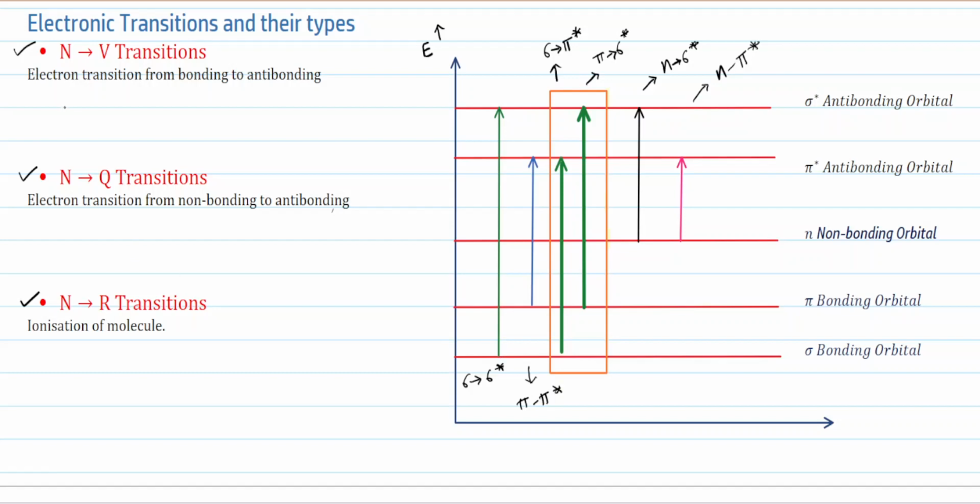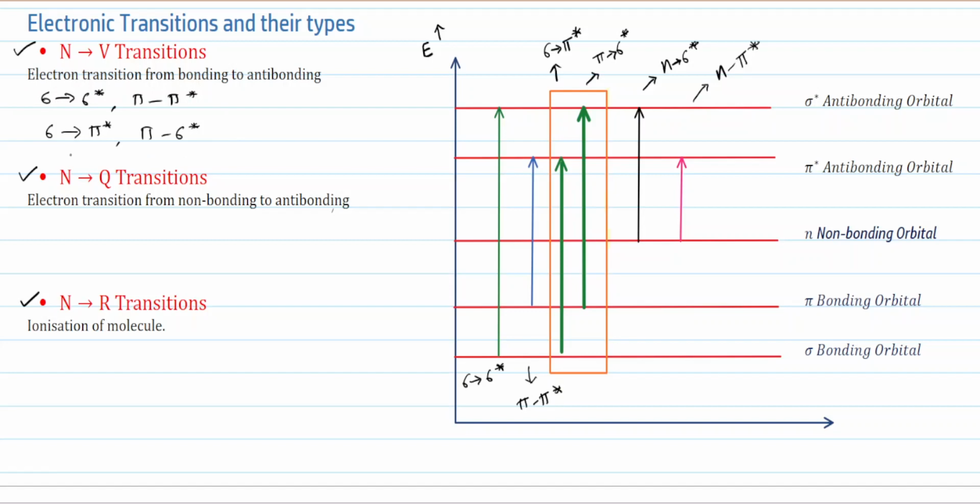Therefore, we have N to V transitions such as sigma to sigma star and pi to pi star. In addition to this, we have sigma to pi star and pi to sigma star.